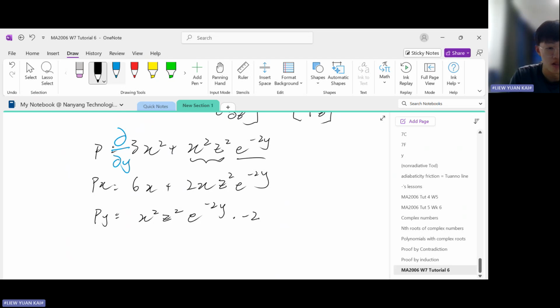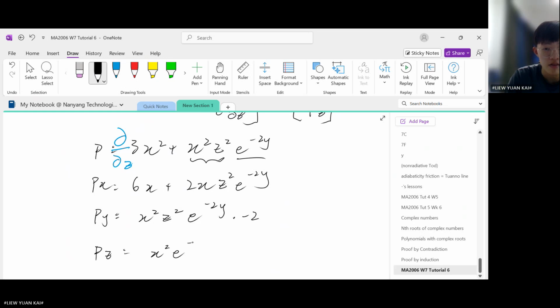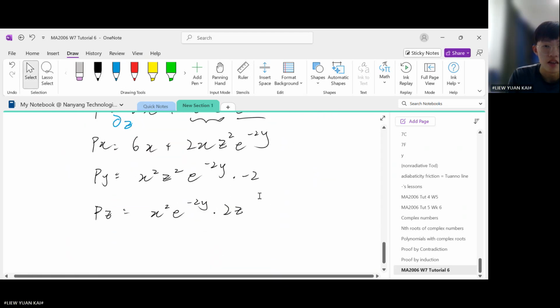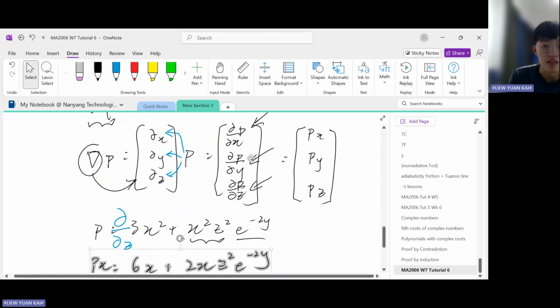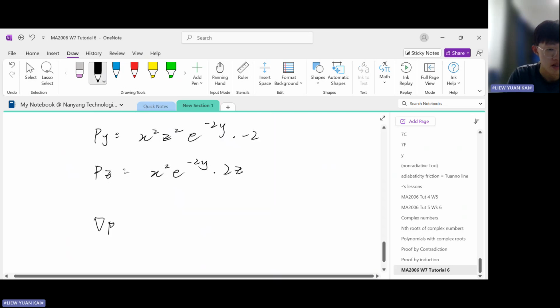So this is minus 2. Then P of z, now we have to differentiate this with respect to z. X is a constant, so we'll throw that away. X and y are constants, so copy this 2 down. Then power bring down, power minus 1. So this is your z entry. That means we have found nabla P.